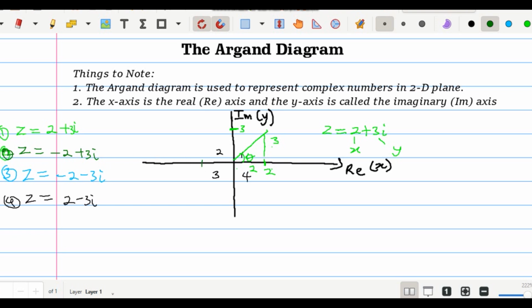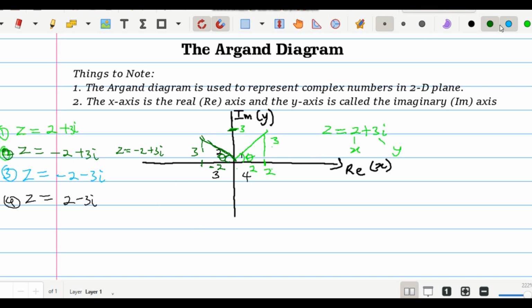You are going to take minus 2 to be this side. This is your x. You have z equal to minus 2 plus 3i. You take this to be minus 2, and the 3 is still here. Drawing this line here, this is your theta, this is your angle. So z is equal to this.